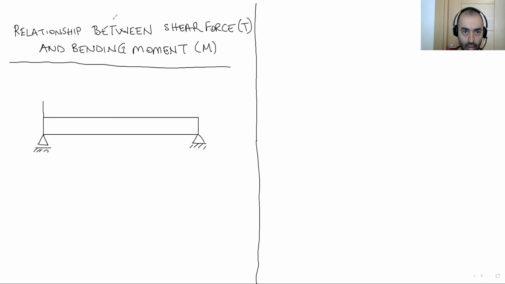Let me change color, by the way. We have a distributed load like this on top of the beam. We call this one Qx.